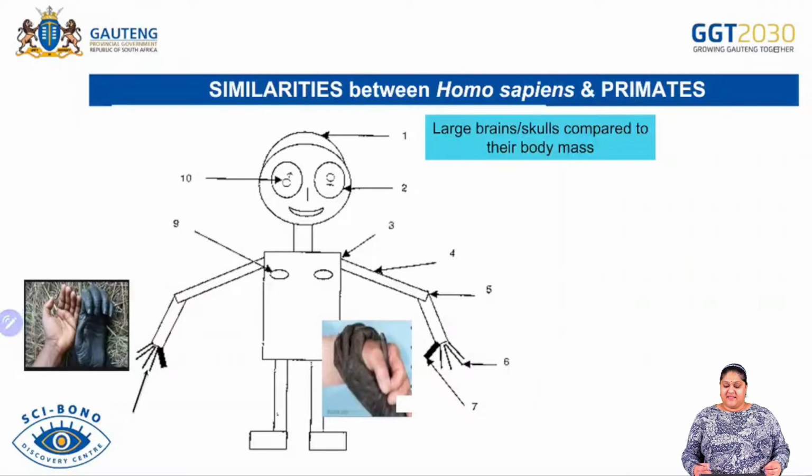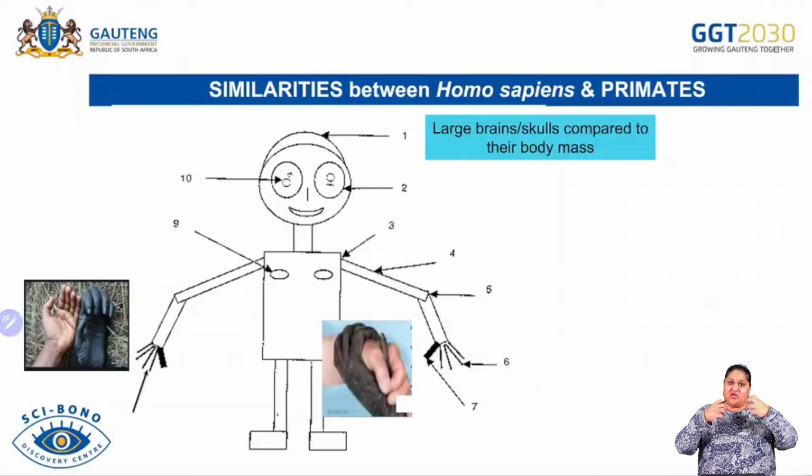But it doesn't mean we are not looking at that over here. What we're looking at here is that yes, the elephant's brain is very big compared to our brain, but its brain size compared to its body size is small, whereas ours is large. We have large brains compared to our body mass. If we look at an African ape, they also have a large brain compared to their body mass.